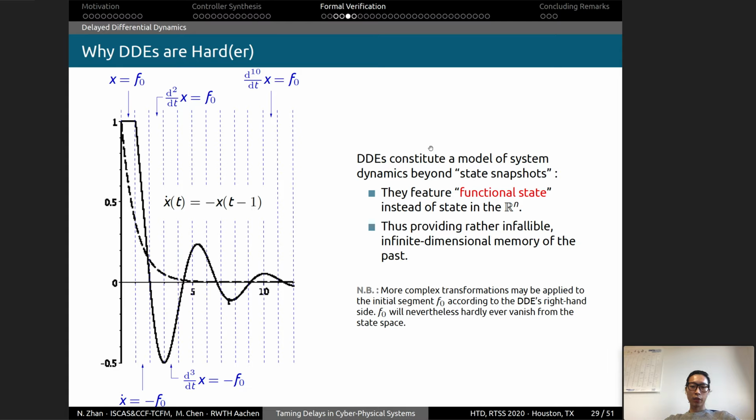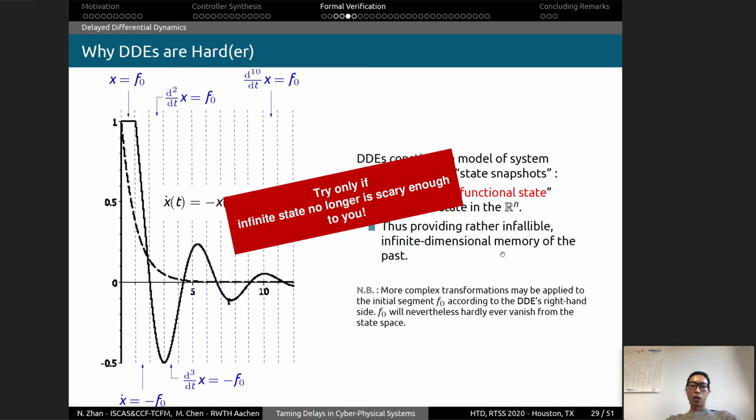So instead of a snapshot state, a state in a DDE is actually a functional state. So you have infinitely many points on one functional state. So DDEs actually encode an infinite-dimensional memory of the past. So try this only if an infinite state space is no longer scary enough to you.